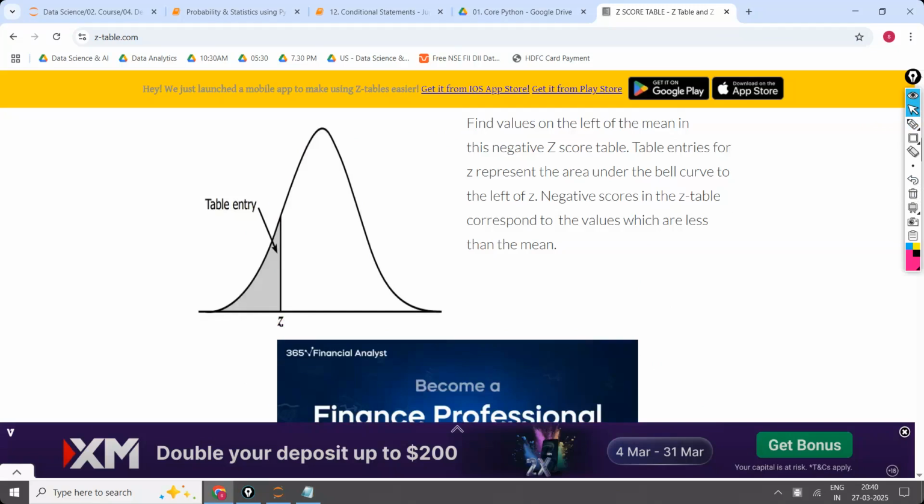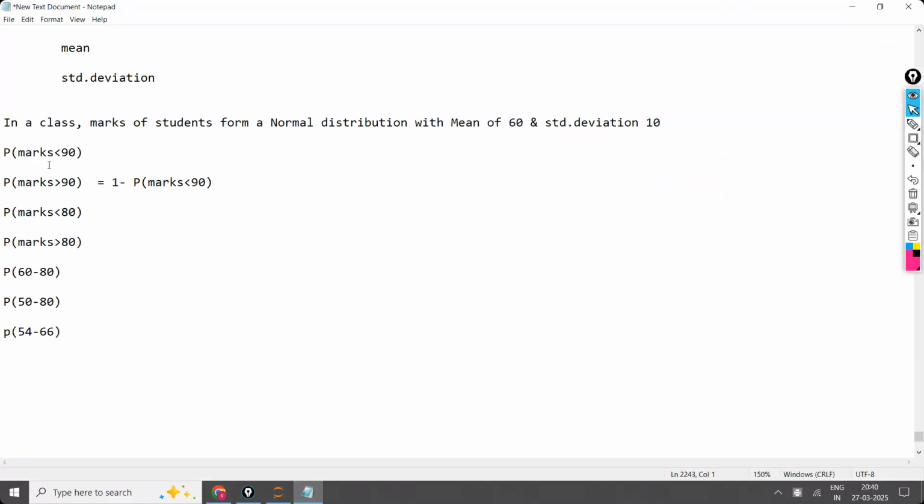That is the meaning. Point is clear? Now it is done. So already you know the value of marks less than 90. 1 minus that is marks greater than 90. Is the point clear, everyone?